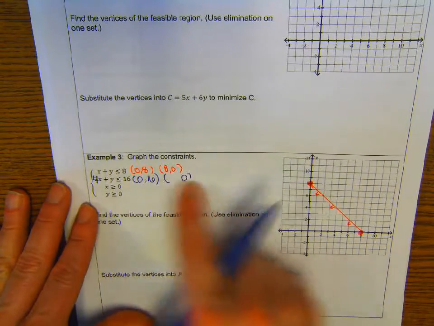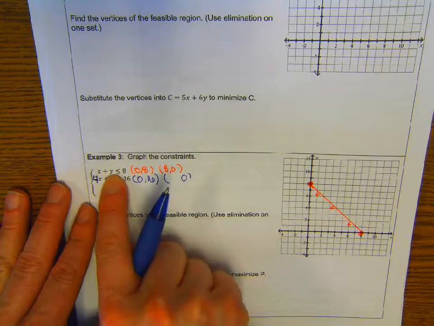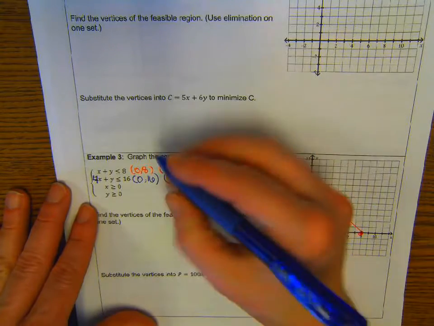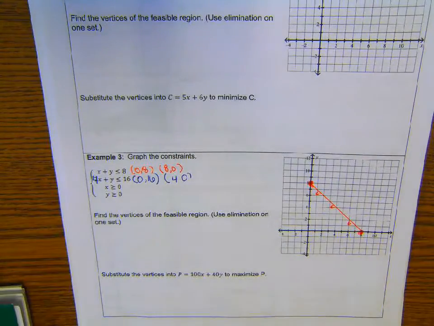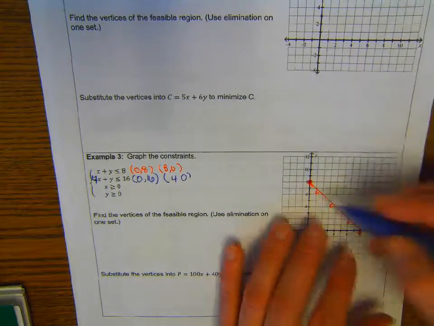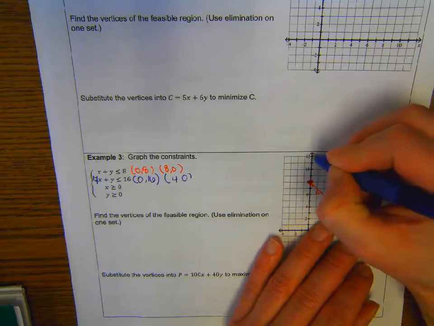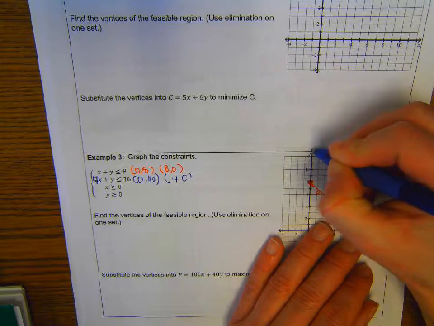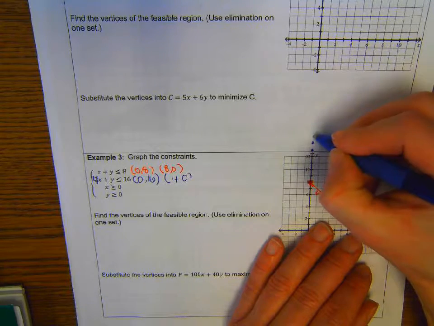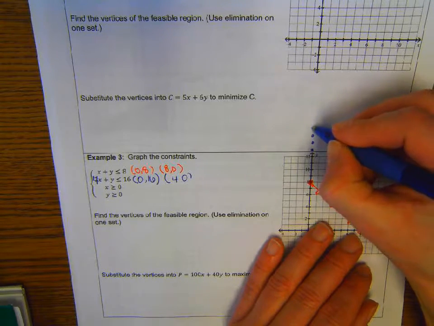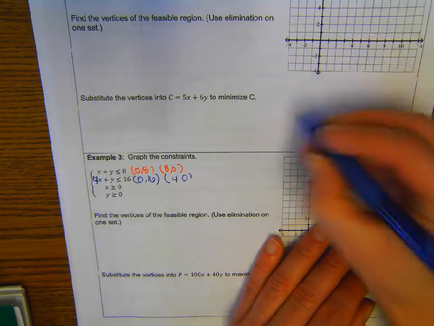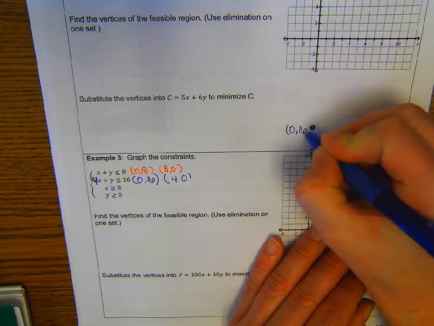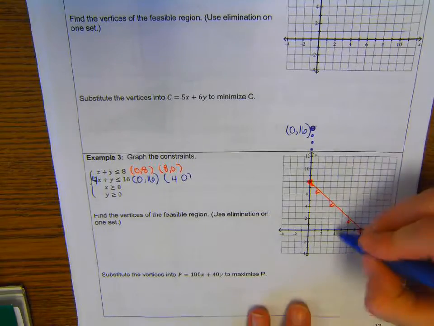If I put 0 in, 4x equals 16, so what does x equal? 4. Okay, so there's some room up here. I think we could, let's see, 12, 13, 14, 15, 16. Would you add a 0, 16 up there, please, for me? And then let's do 4, 0.